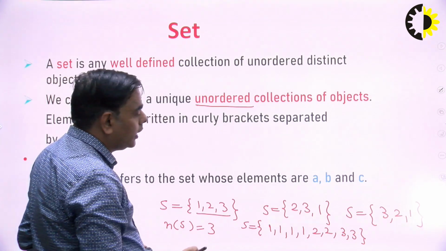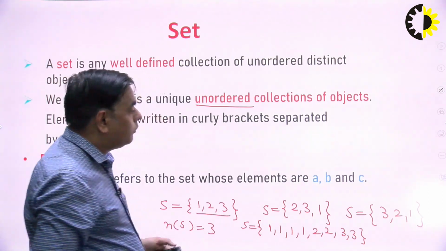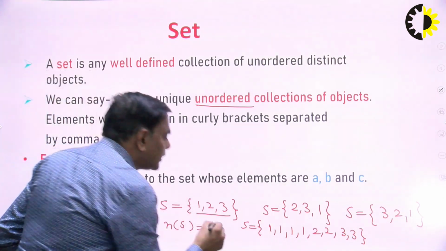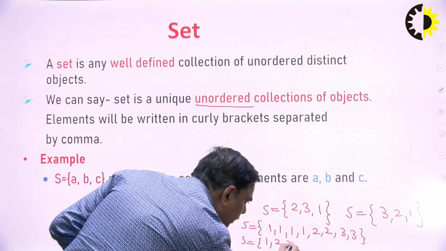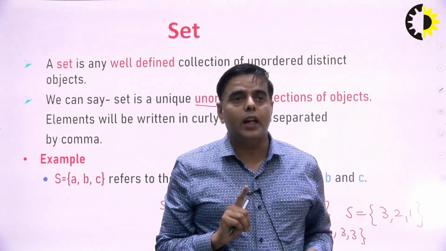But we are saying the set must contain unique elements. So, this set is exactly the same as the set containing 1, 2 and 3, because the repetition of elements should be counted only one time.